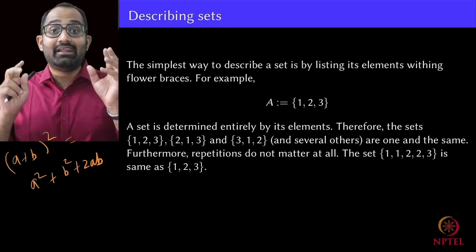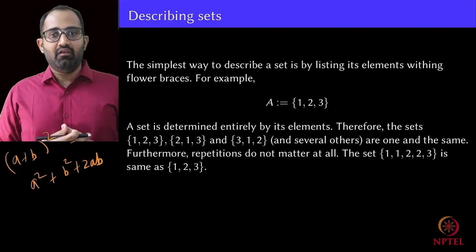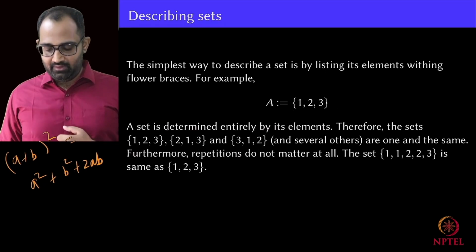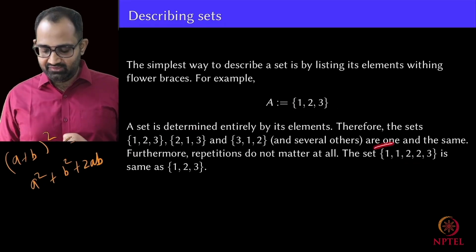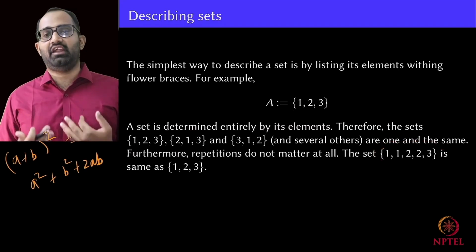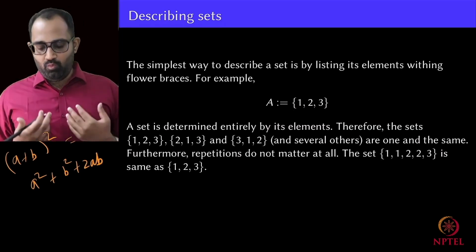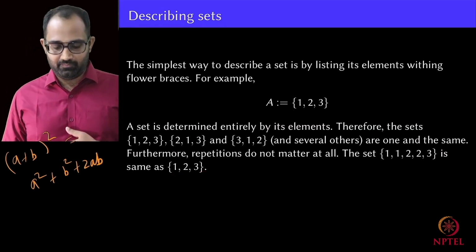They are just different names for the exact same set. Furthermore, in sets, repetitions do not matter. You can put the number 1 as many times as you want and this name will still denote the set 1, 2, 3. Okay? So the set 1, 1, 2, 2, 3 is the same as the set 1, 2, 3.